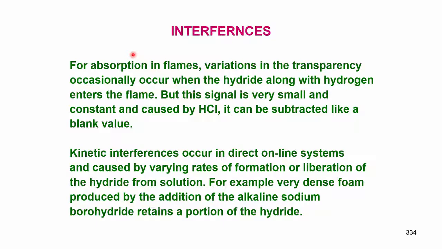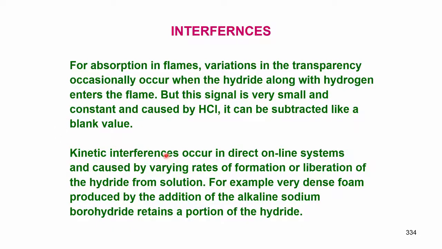So, this signal is very small and constant, and it is caused by HCl, and it can be subtracted like a blank value. So, there is no worry when we want to determine hydride, whenever we are using HCl, we do not have to worry about the hydrogen radical or gas.